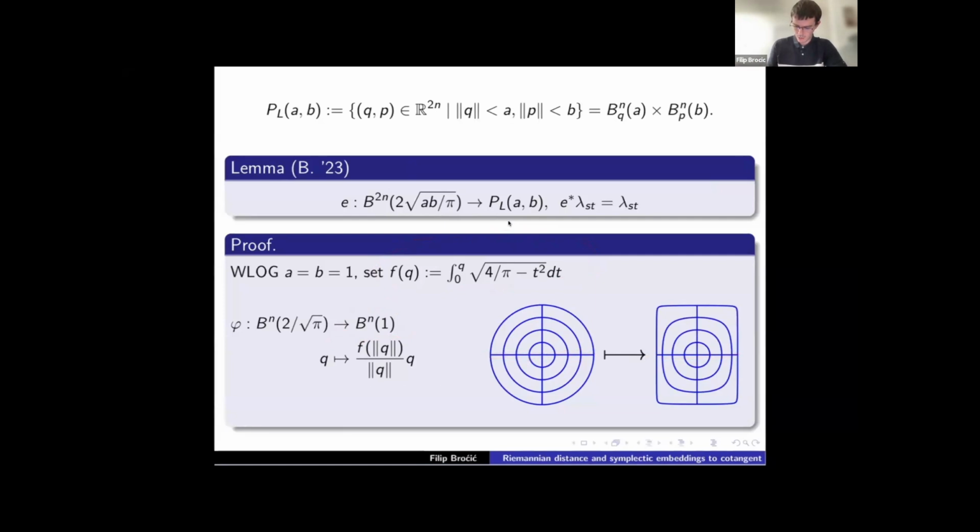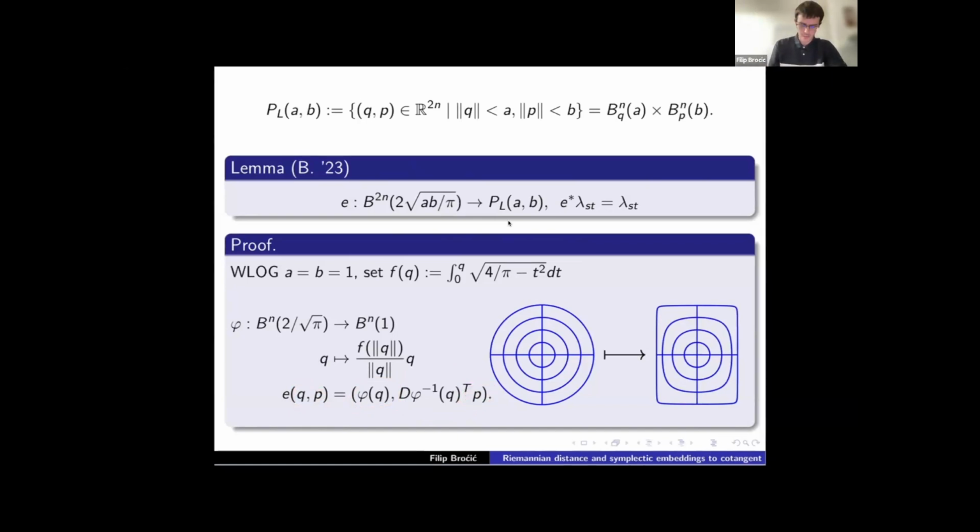Now, I want to use a canonical transformation, which is a lift of a diffeomorphism of the base. So I want to define an embedding as it acts on q, p. On the first coordinate, it acts as the diffeomorphism phi. And on the second coordinate, it acts as the inverse of the differential transpose, which acts on the point p.